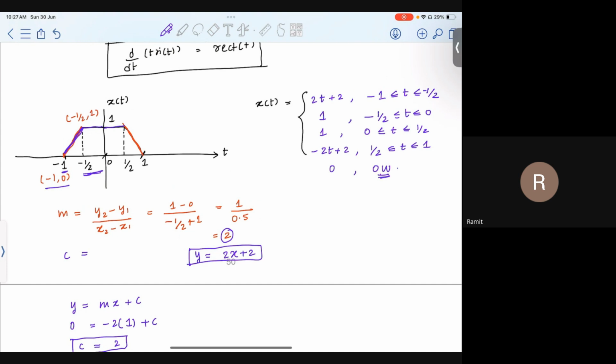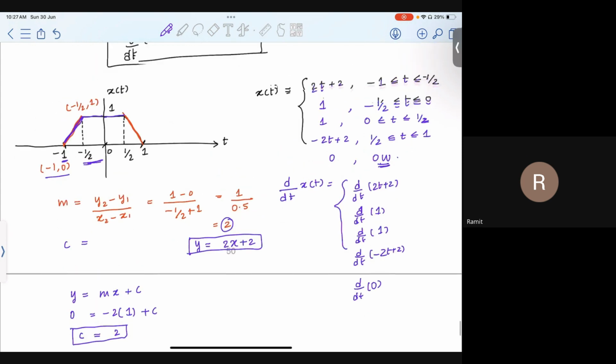Now if you are asked to find the derivative of the signal, you just have to do the derivative part by part. So d by dt of 2t plus 2, d by dt of 1, d by dt of 1, d by dt of minus 2t plus 2, and d by dt of 0.